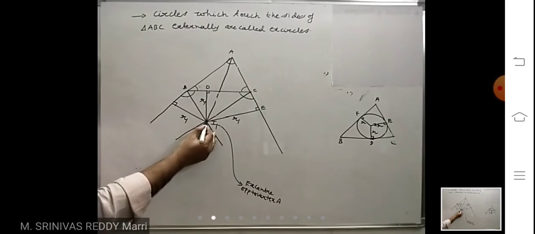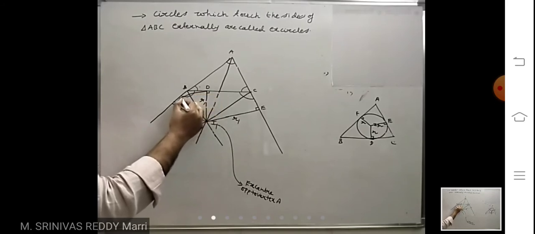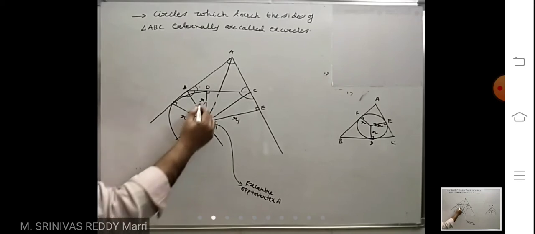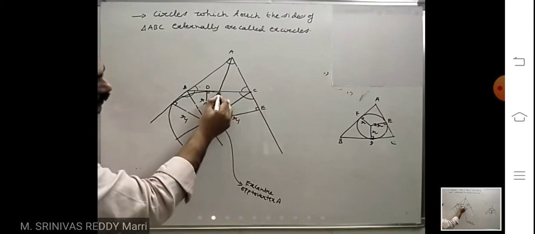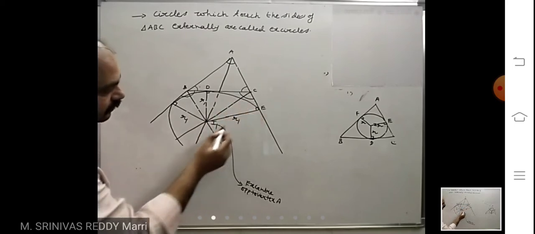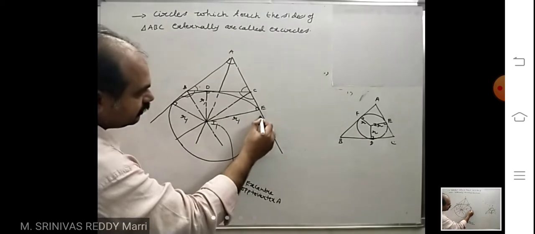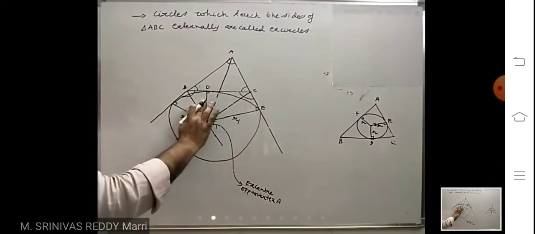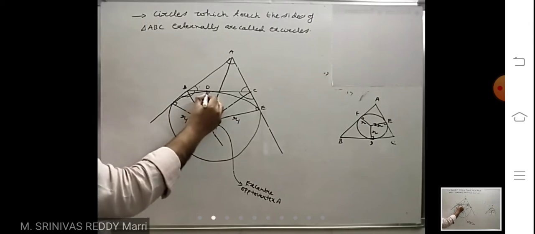Now if I1 is the center and R1 is the radius, if we draw a circle, it will touch all the sides.